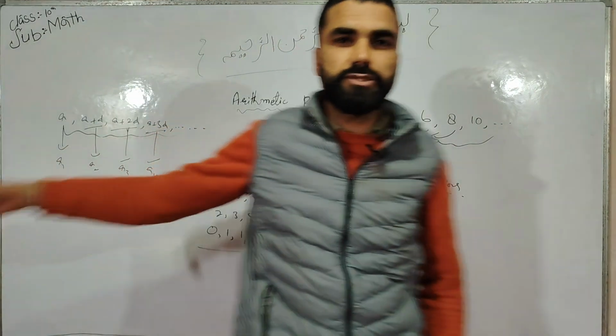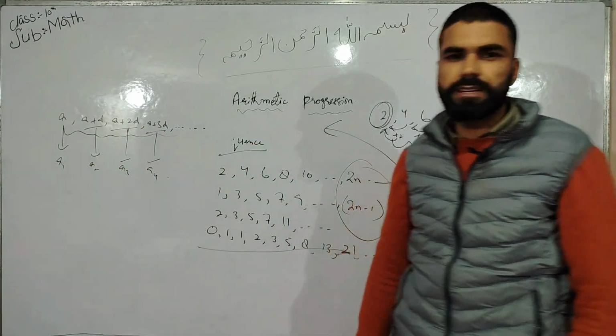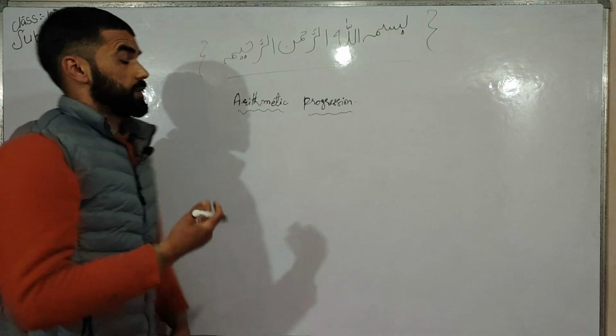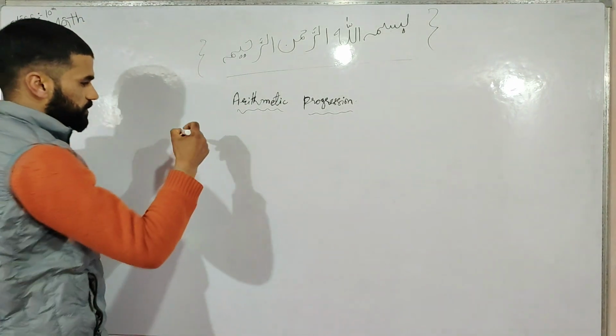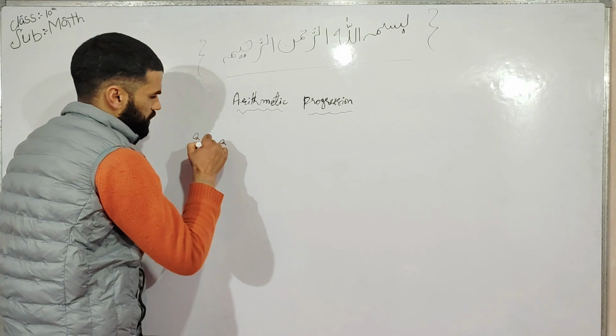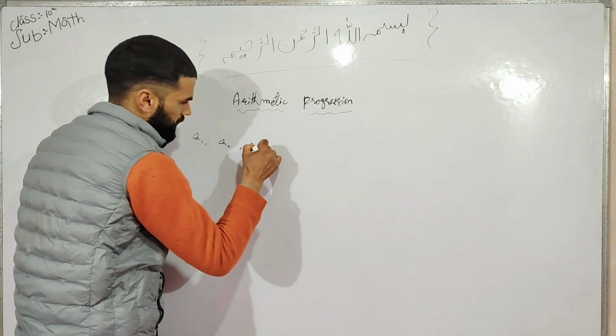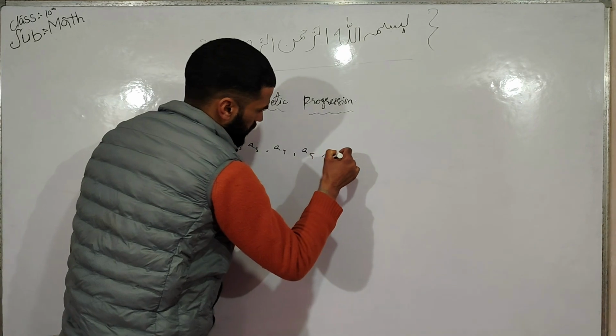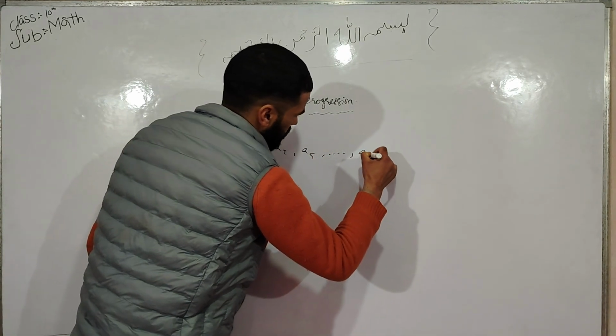If you look to the general form of the arithmetic progression, you can find that there is a pattern. So we have the general form of arithmetic progression A1, A2, A3, A4, A5, and so on up to an.